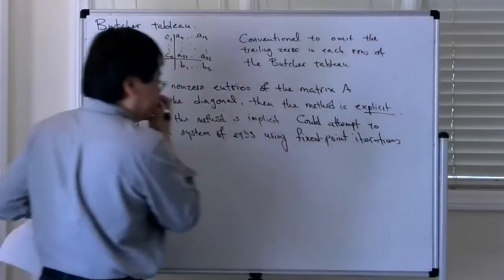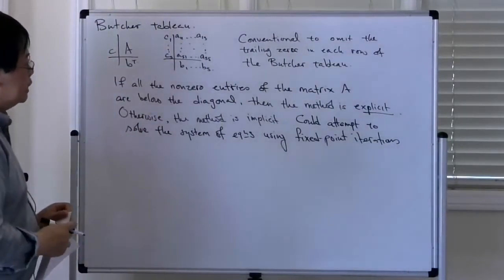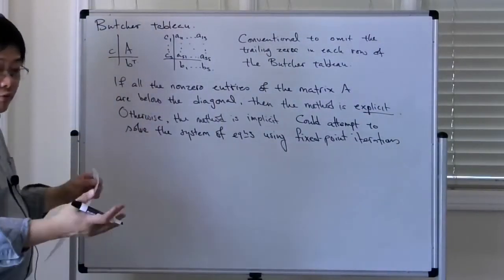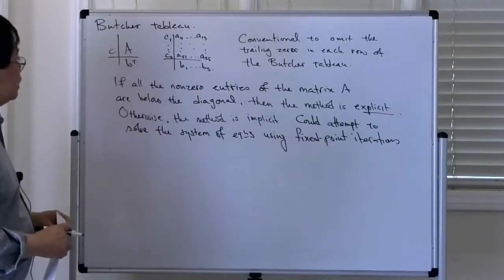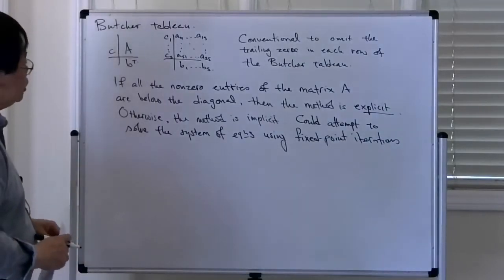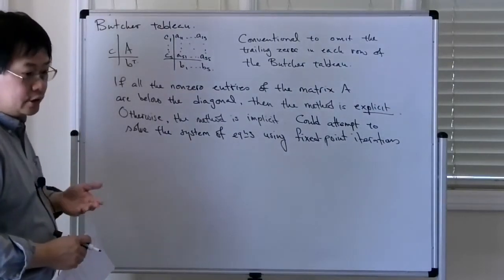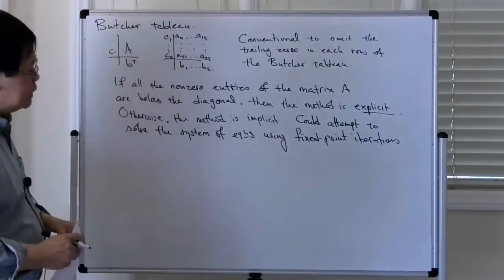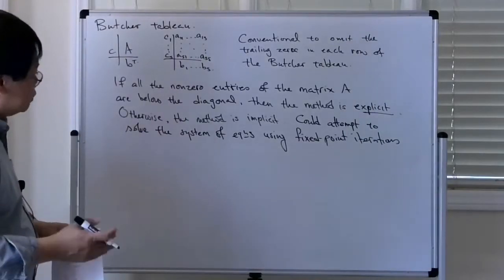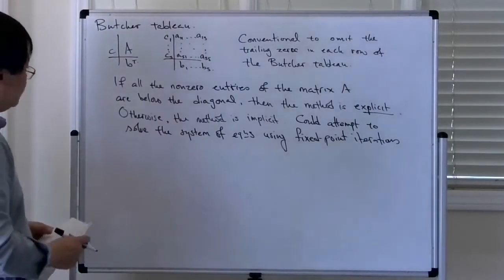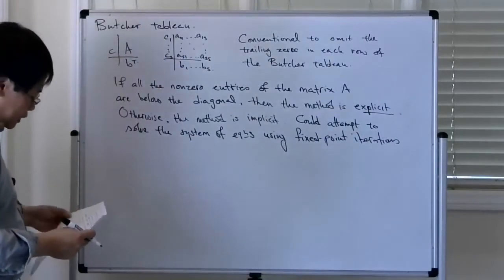Oftentimes that's desirable because in contrast to Newton, you don't have to form the Jacobian, and computing the Jacobian of a large number of systems of nonlinear equations in multiple variables is going to be very expensive. So it's best to avoid having to compute it.